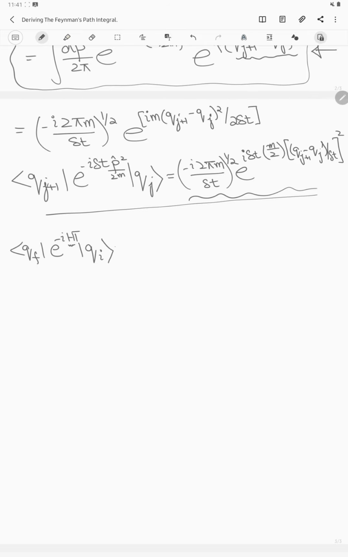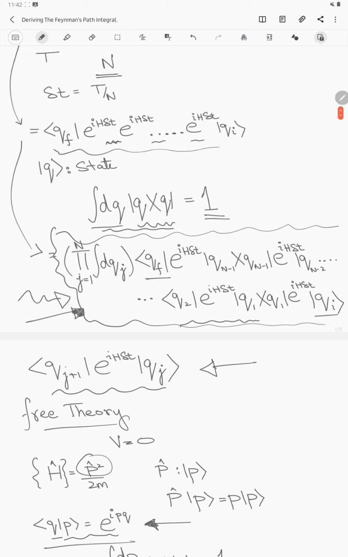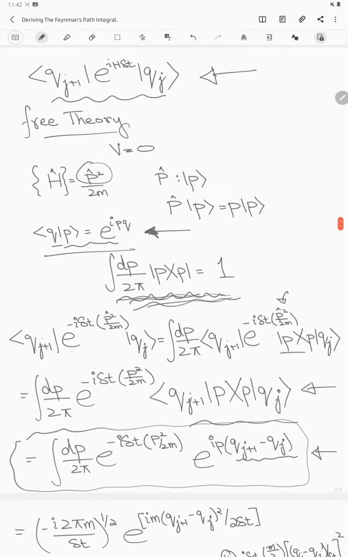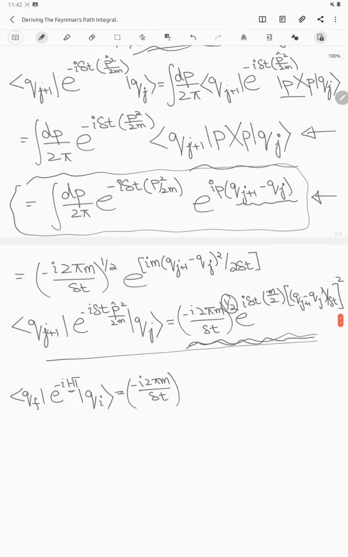Using this expression, we can write it as the square root of (−i 2πm/δt), but if you go back up, you have the power raised to n, because you're adding this factor n times.